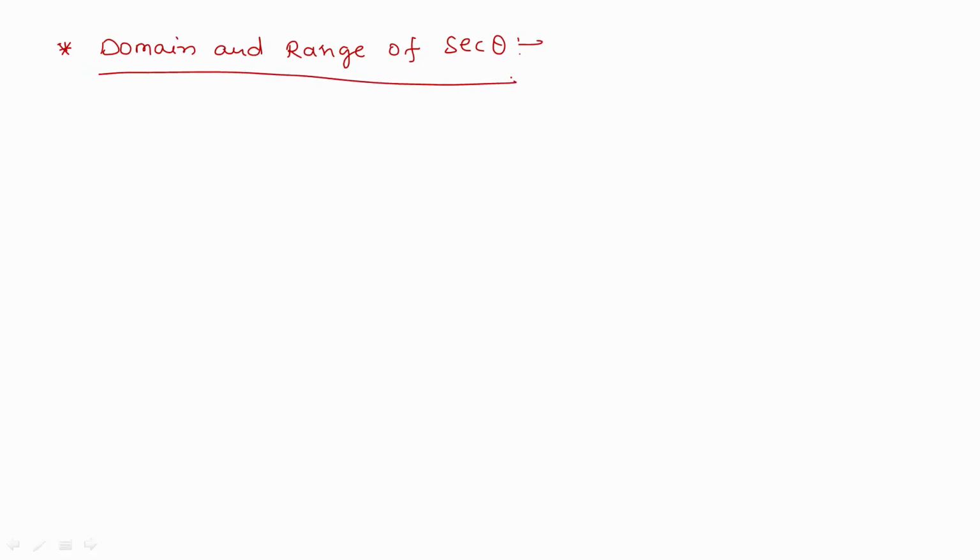Sec theta is just the reciprocal of cos theta, so sec theta is equal to 1 by x. This is hypotenuse upon base, where the hypotenuse is the radius of the circle, which is 1, and the base is x. Obviously, from the domain we have to exclude those values of theta for which x is equal to 0.